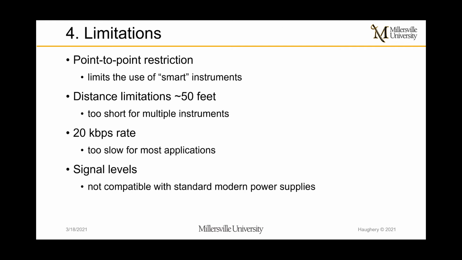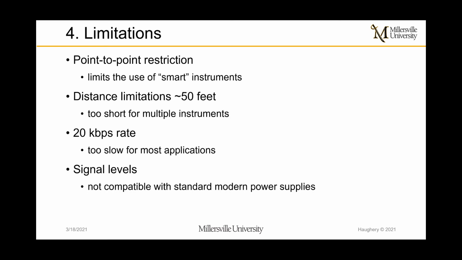So next are the limitations. The first one is point-to-point limitations, which limits the use of smart instruments, which is more of a problem today because this standard is fairly old. So most of the problems come up when trying to translate it into modern applications.